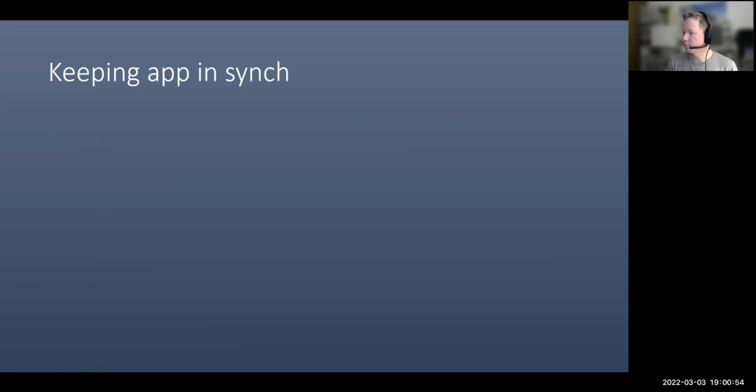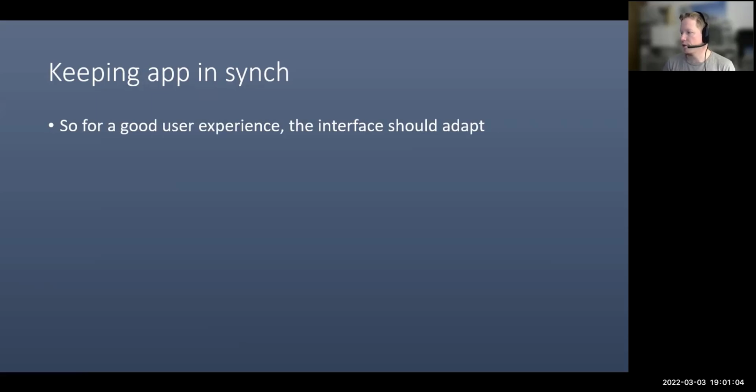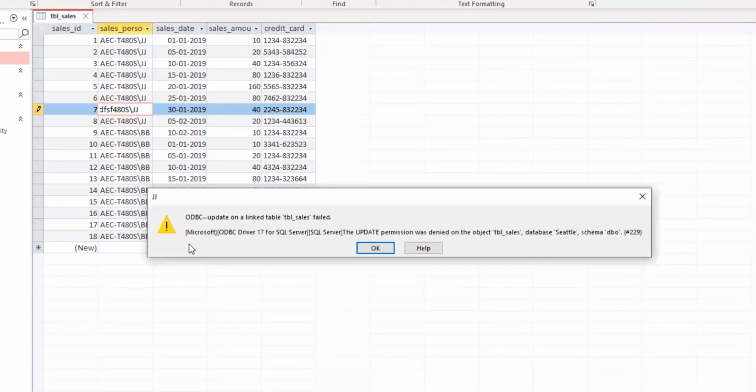Now that we have our simple rights set up, we need to make sure that our Access app behaves like it should, because for a good user interface, for good user experience, the interface should adapt. What we don't want is to show the new row in Access, this row down here.